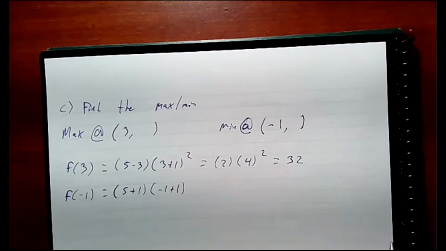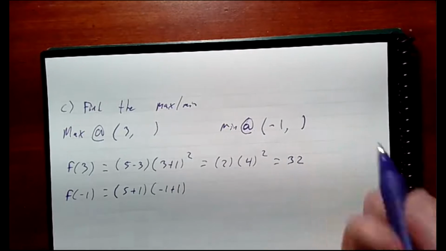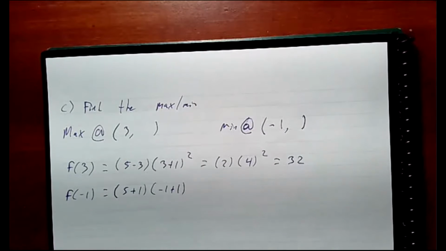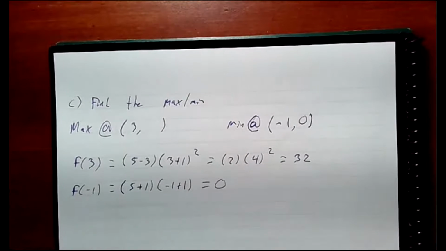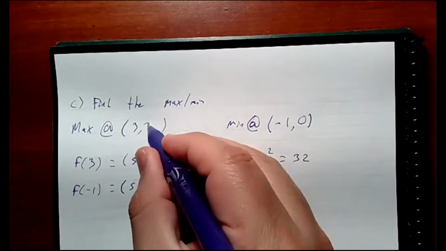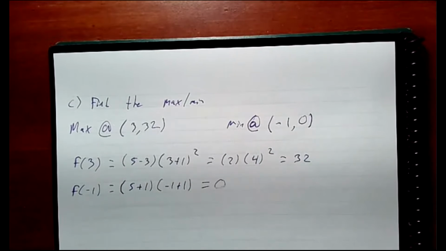It's a 0, right? I got 32 for the max. Oh, wait, you already did that one.